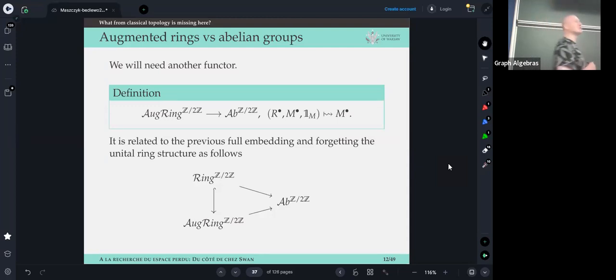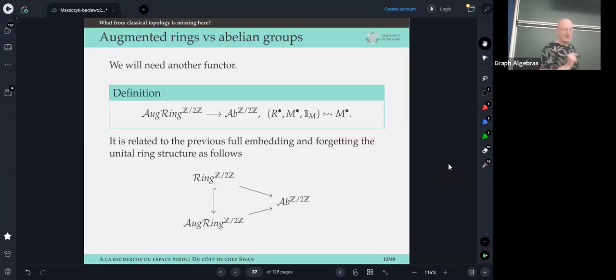The second question one could ask is how these augmented rings are related to abelian groups. If we want to forget about this multiplicative structure, and instead of speaking about the multiplicative K invariant, we want to speak about the plain abelian group valued K theory, then we have to compare this category with abelian Z2-graded groups. And now we have a functor which uses this module part.